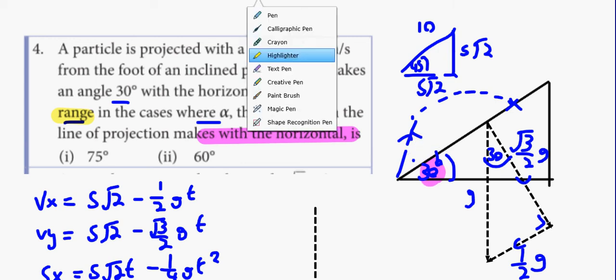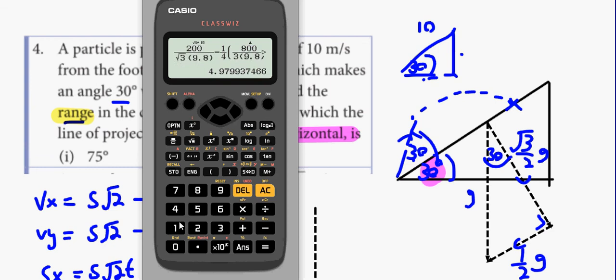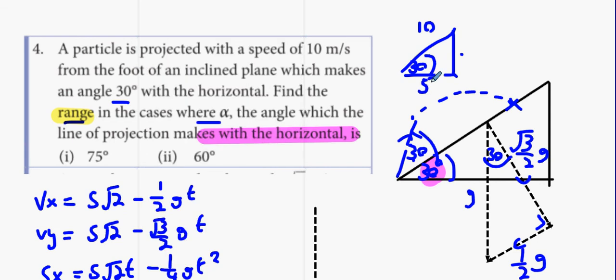Now, the only thing the 30 affects is the u values up here. So if I change all this to 30, we need 10 cos theta, 10 cos 30, 5 root 3, and that will be 5. So u x is now 5 root 3, and u y is now 5.